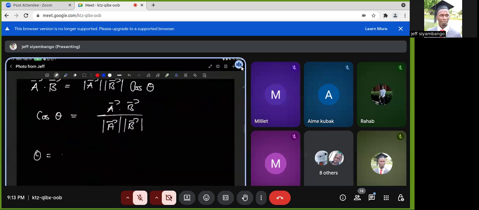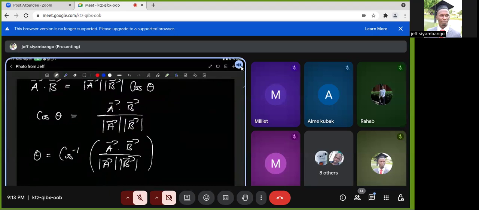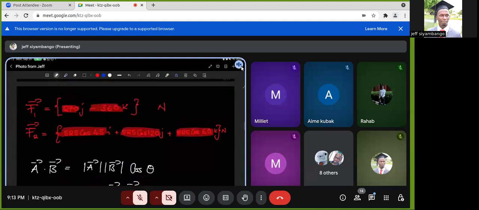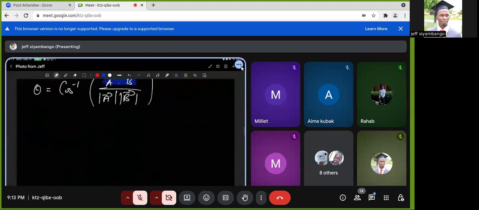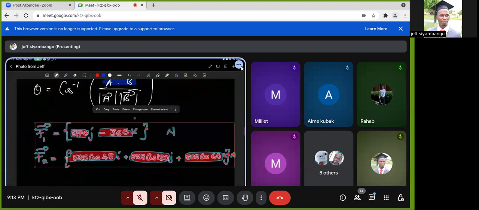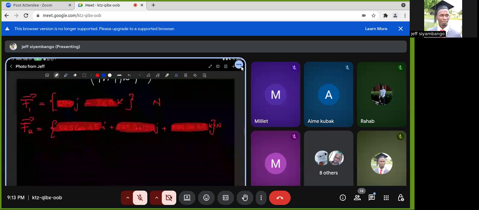So the overall angle will now be cos inverse of the dot product over the product of the magnitudes. So to get the angle between two vectors, we first need the dot product of the two vectors. For A and B, we utilize the force vectors to get the dot product and eventually the angle between them.